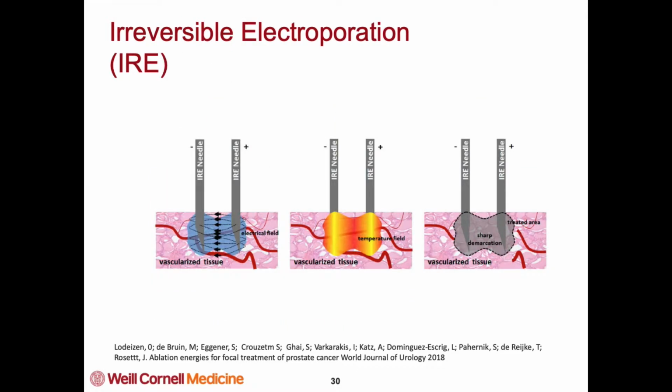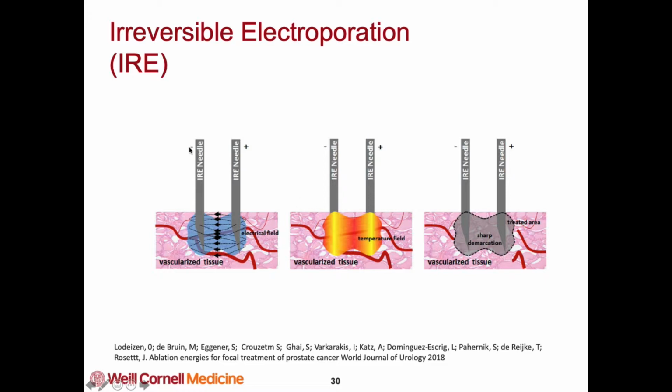And then irreversible electroporation is where you deliver high voltage between the two needles, and that allows you to get cell necrosis because of cell lysis, because of the disruption of the cellular membrane and osmolarity.